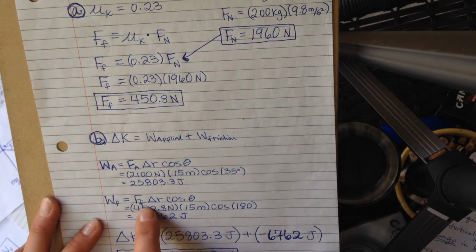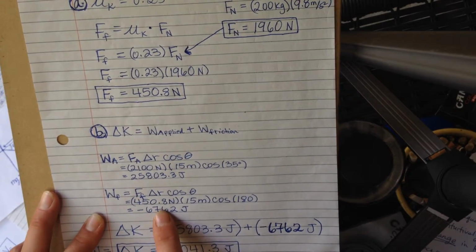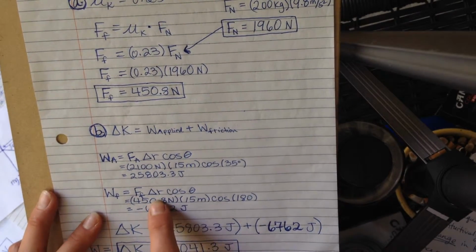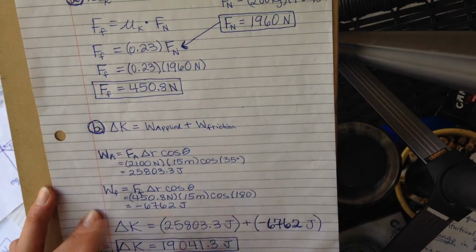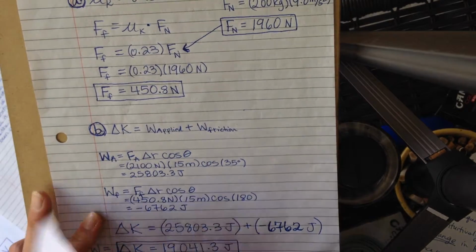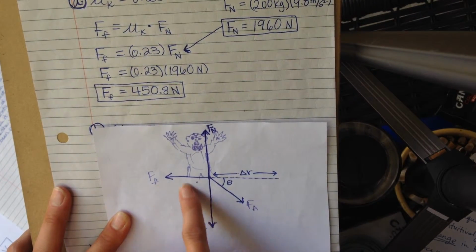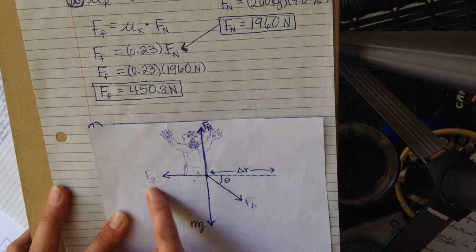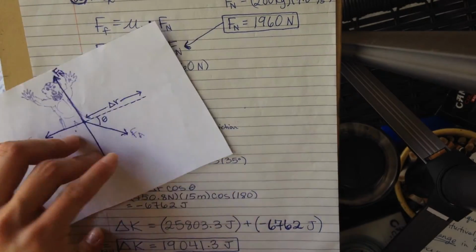Now for the frictional force, this is the work caused by the frictional force. It's going to be the force in newtons, which we found to be 450.8, and again our distance, delta R, 15 meters. And then cosine theta, but again, it's the angle of the frictional force from the horizontal, and as you can see, it is on the horizontal, so it is at 180 degrees.